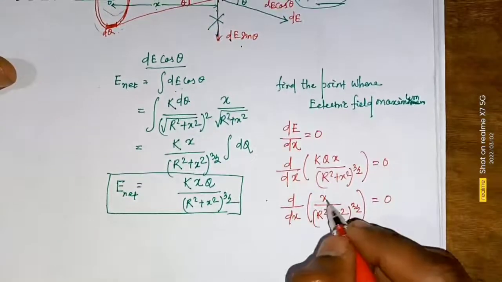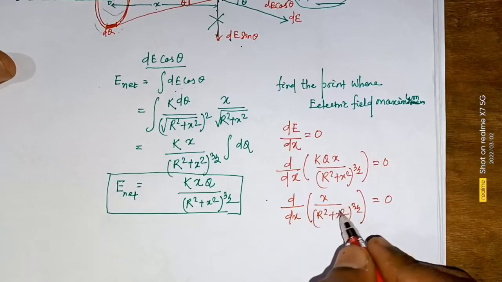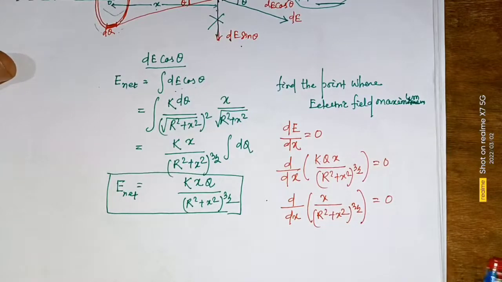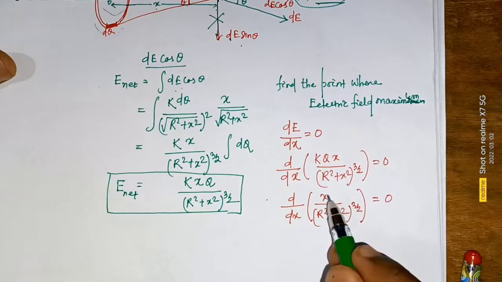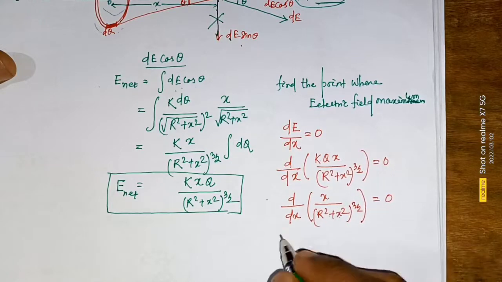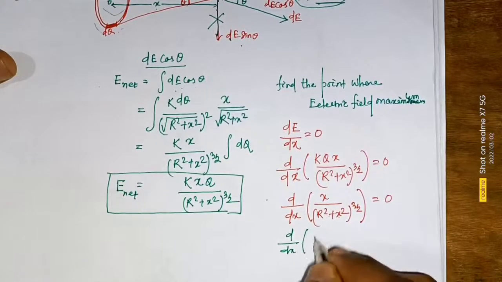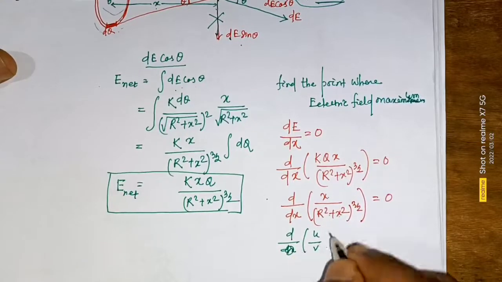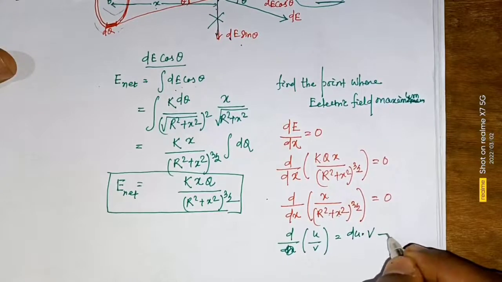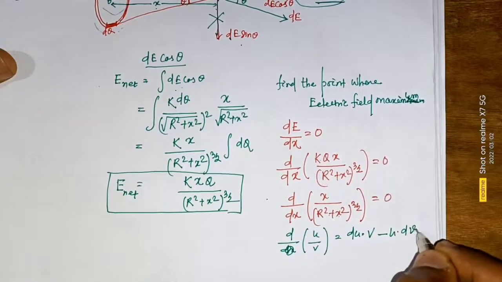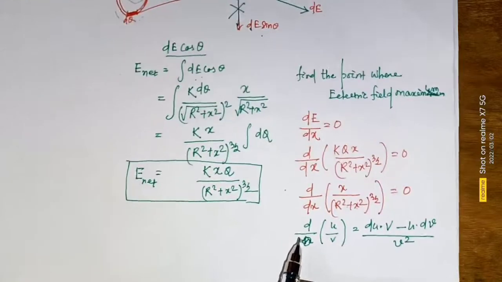It is the rule, the division rule of differentiation can be used: derivative of u by v is derivative of u into v minus u into derivative of v, upon v square. This is a simple mathematical technique that we are using.